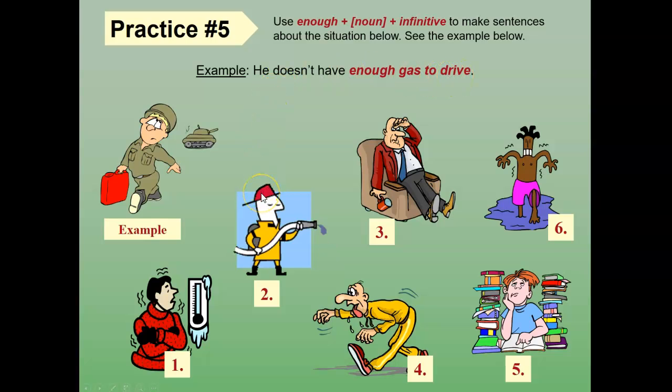What other sentences can you make using enough plus a noun plus an infinitive? Let's take a look at number 1 together, and I'll give you another example, and you can come up with maybe your own example. He doesn't have enough electricity to run the heater. Now you try this on your own.